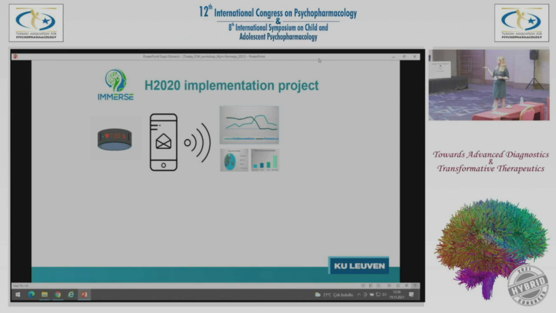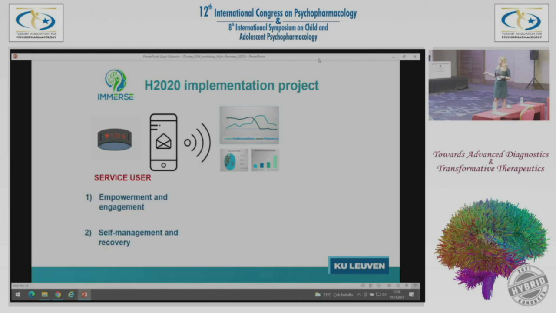This is a project funded by the European Commission, where we could bring together a lot of expertise to combine sensor information from phones, ESM, and a feedback system, as I just explained.